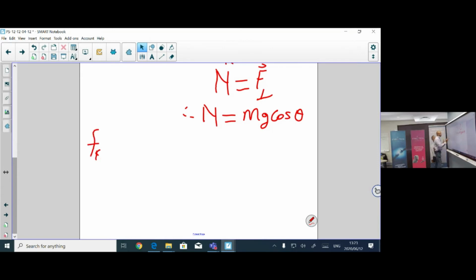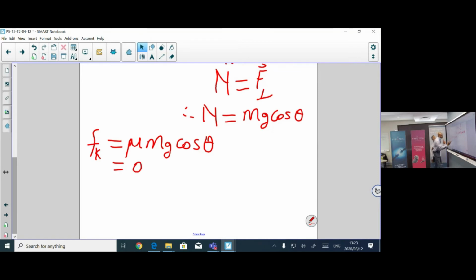F of K, or F sub K, which is equal to mu mg cos theta. If you look at it, we are just going to substitute the values.